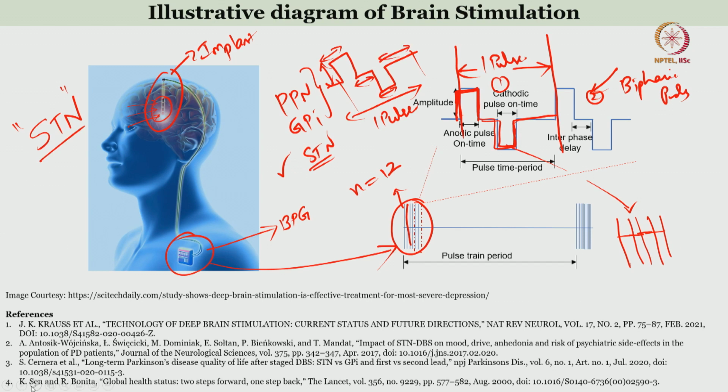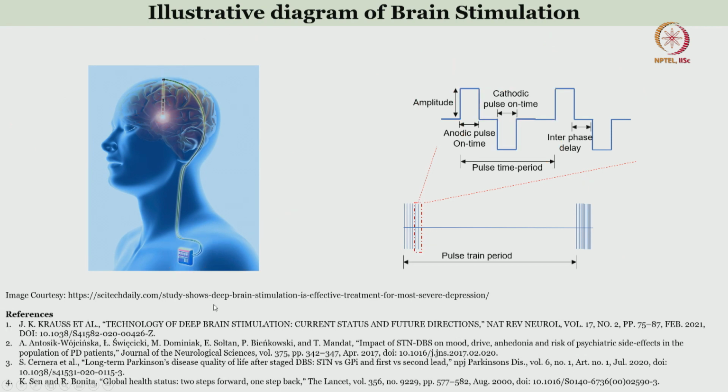Let me clear everything and explain clearly the general nomenclature used for these pulses. As you look at it, there is an amplitude here, and there is the anodic pulse on time and the interphase delay.